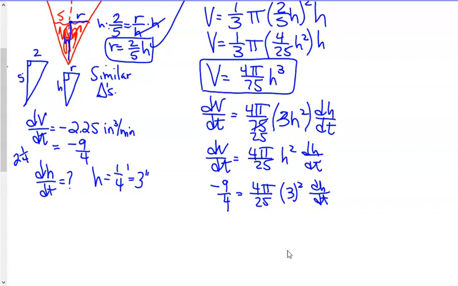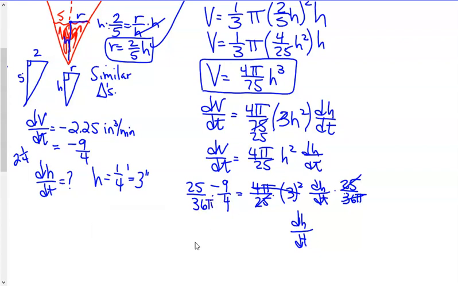So if I want to get rid of that fraction, that means I could multiply by the reciprocal, 25 over 36 pi, on both sides to get rid of this and that. Leaving me with dh over dt on the right side. But remember, if I multiply by 25 over 36 on that side, I must multiply by 25 over 36 on this side.